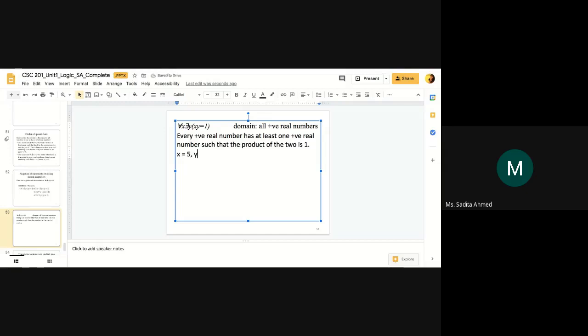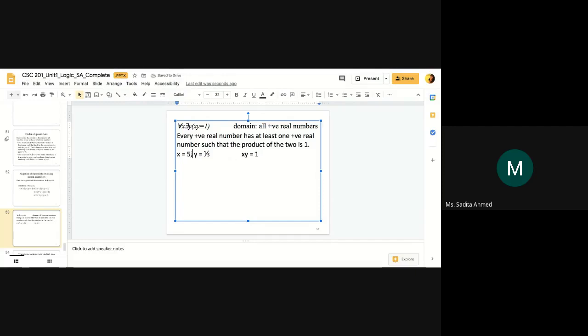You need at least one y which will give you xy is equal to 1. You have y is equal to 1 by 5. This is a positive real number. So as long as you have this, xy will be equal to 1.